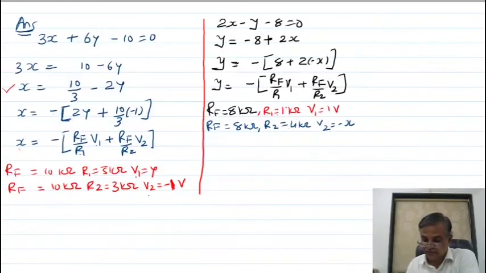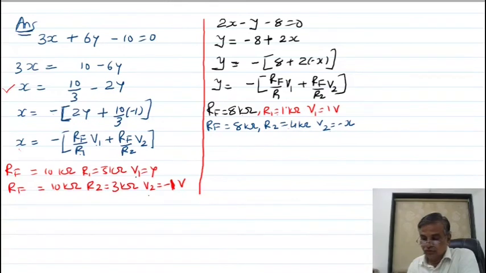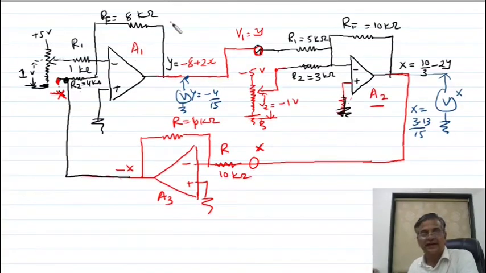By solving these two equations mathematically by the linear method, you can find the value of X and Y. So it should be the same. So this is your complete circuit diagram to solve linear equations.